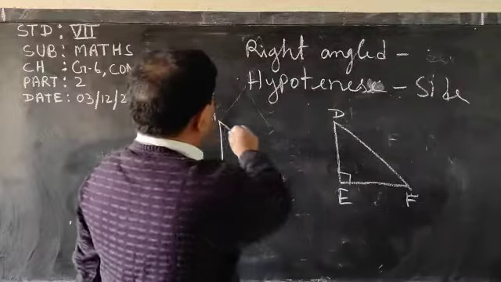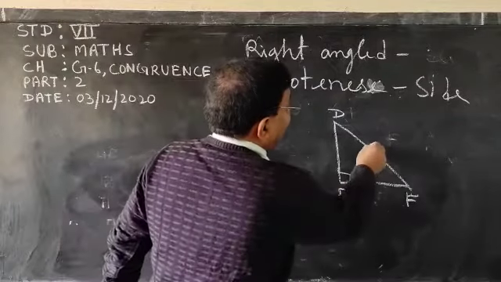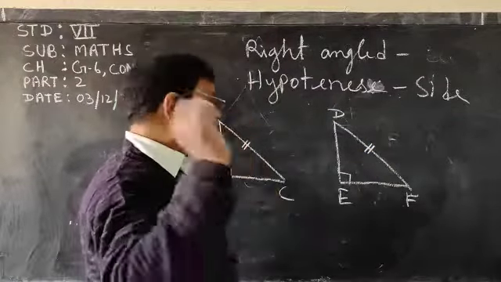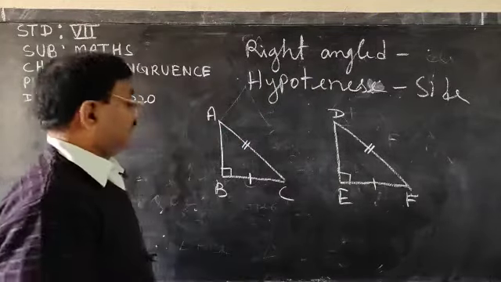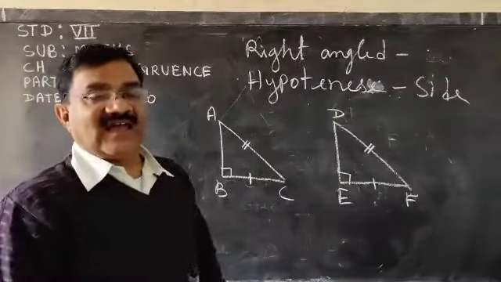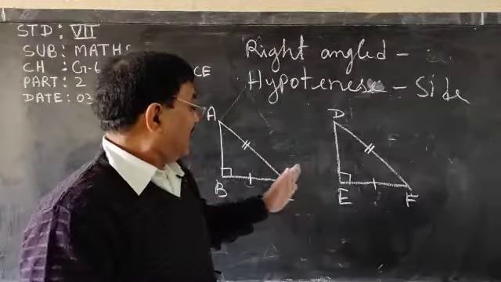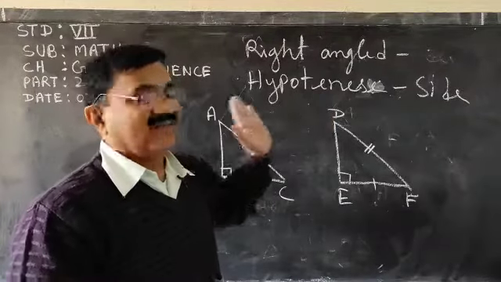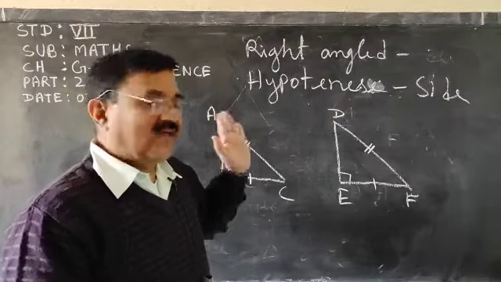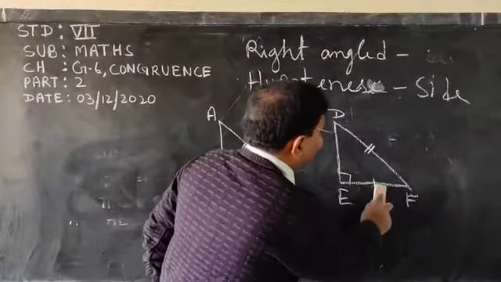Hypotenuse must be equal, and this is the hypotenuse. AC and DF are equal, and any one side is equal. Then these two triangles are congruent by RHS, right angle hypotenuse side. Very clear or not?